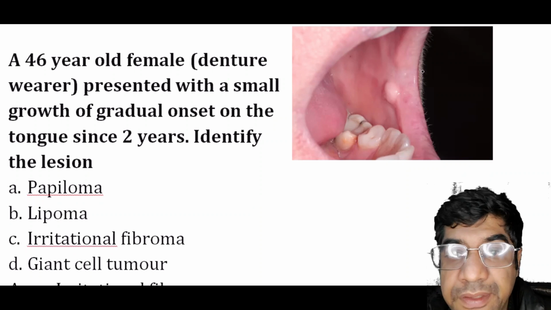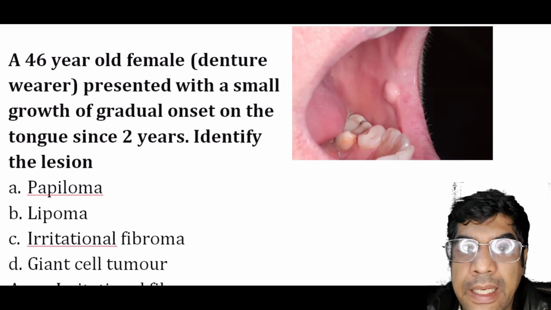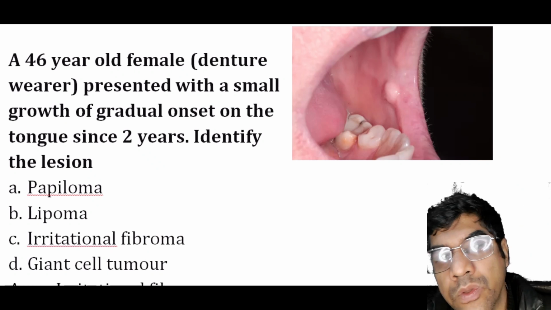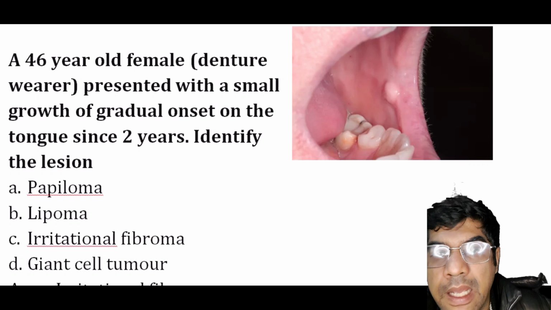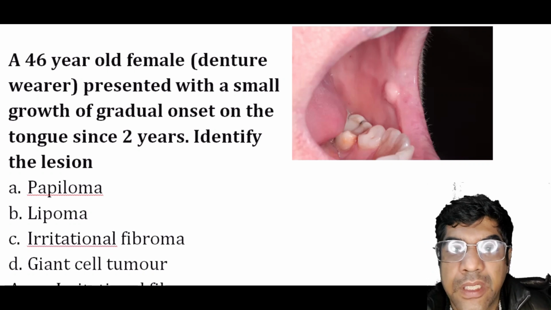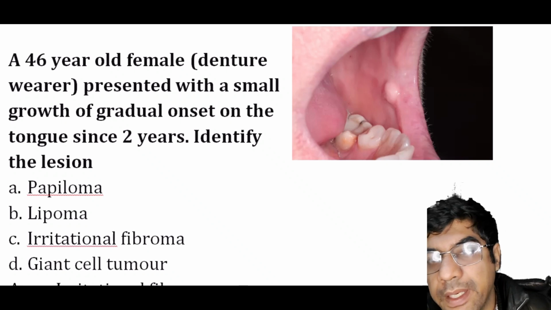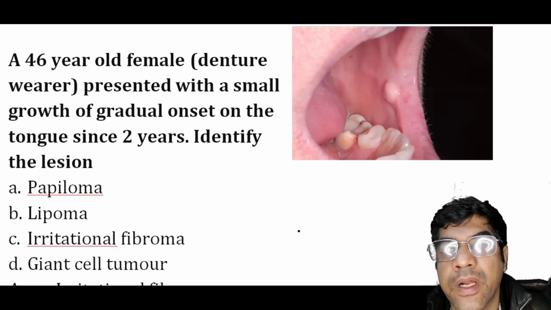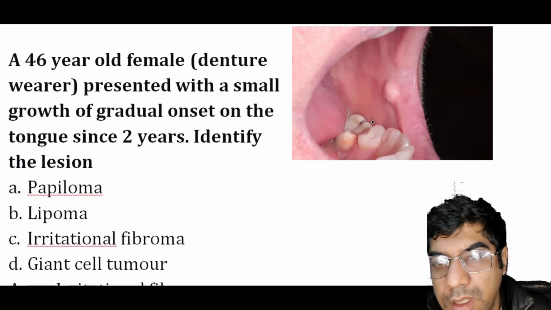So as the name suggests, irritational fibroma results from chronic irritation or trauma to the oral mucosa. So in this case, the patient being a denture wearer may have experienced repeated irritation contributing to the lesion development. So that is why your answer would be C, that is irritational fibroma.